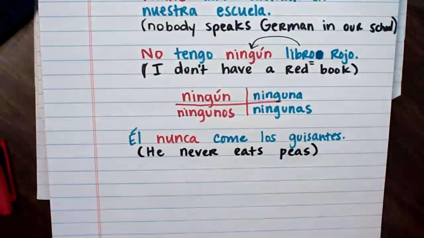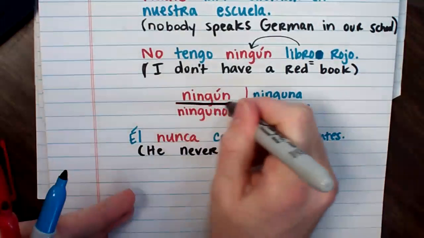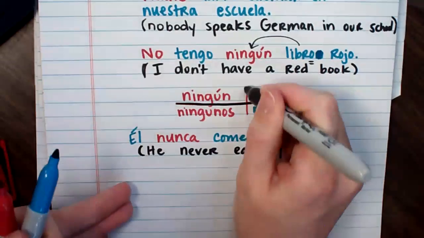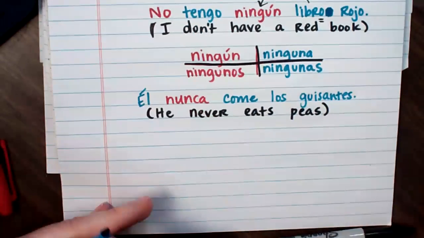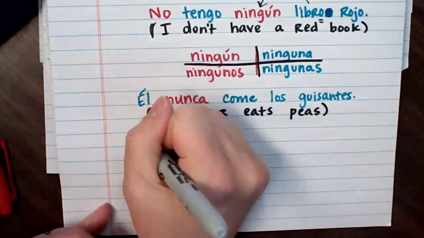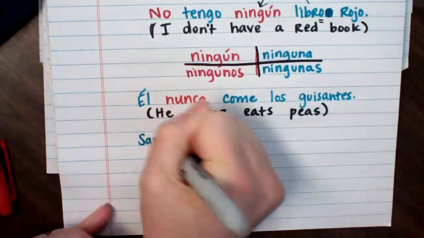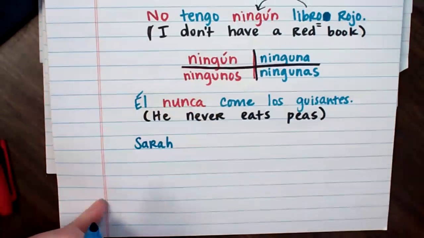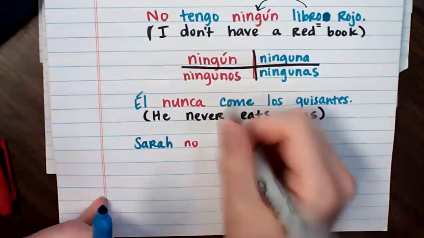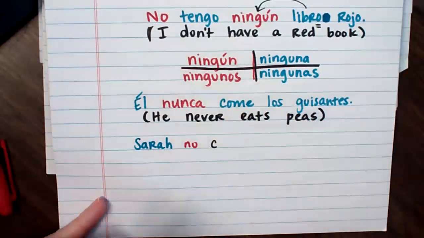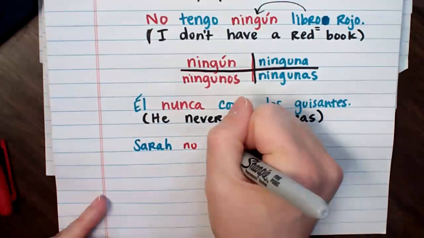And this next sentence I'm going to give you is pretty crazy. If I tell you it's a triple negative, would you believe me? Okay, so here we go. We've got Sarah, I messed up my color scheme.